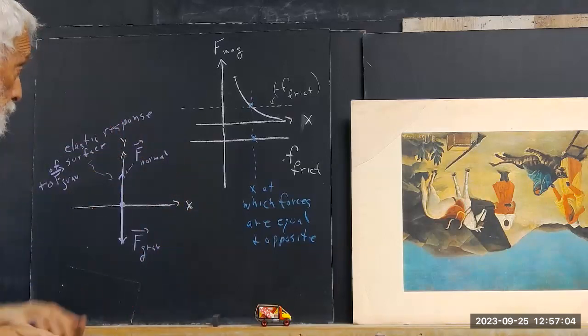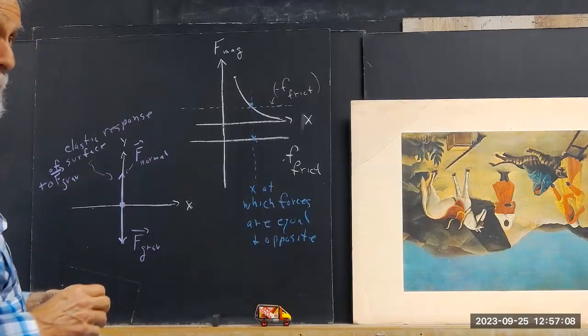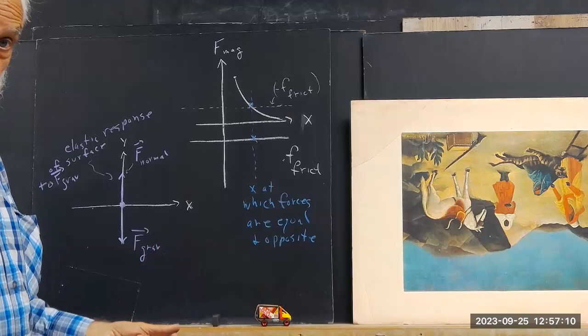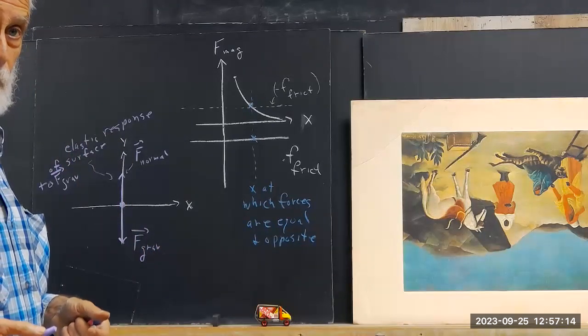Okay, so here's your normal force. Again, normal forces are perpendicular to the surface. I'm not going to write that down. I'm just going to say it, but sort that idea in your head.